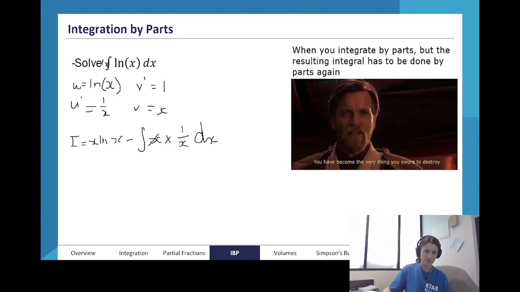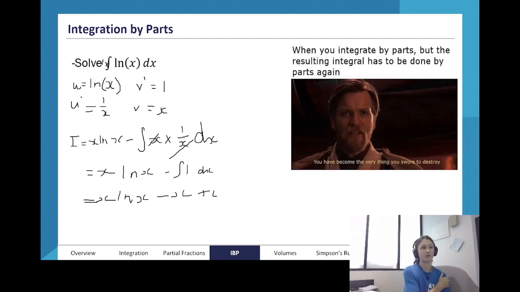Of course, this is just going to cancel to 1, right? So we now have x ln x, take the integral of 1 with respect to x, which just gives us x ln x, take x plus c. So this is our integral of ln x.